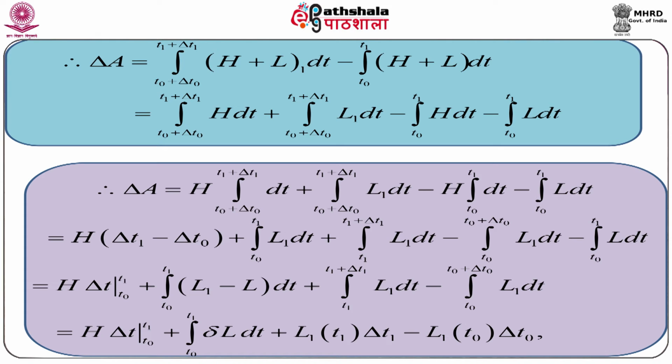On integration, first term and third term can be combined, and we have written the result in the first term of the next line, and the other terms have been written in an explicit manner using the property of definite integrals.